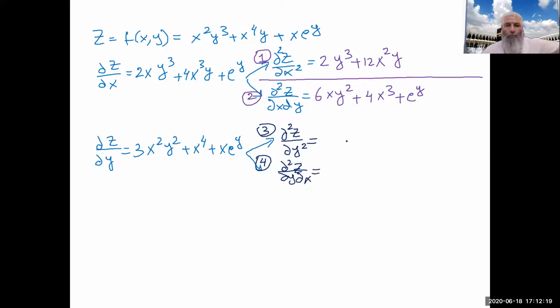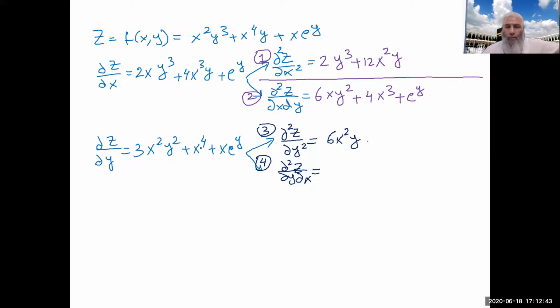Understood right now. Okay. We here say that it would be 6x squared y plus x^4. No, x^4 is constant. We don't have any y here, so the derivative of this is 0 with respect to y.